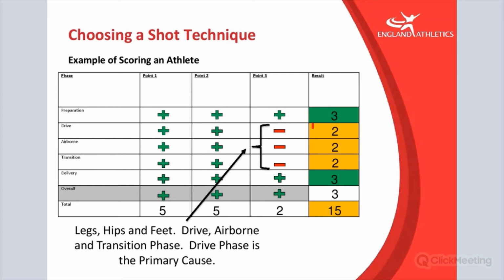So you can see here that all of the negatives have come in point 3, which is the legs, hips and feet, and they've come in the drive, airborne and transition phase. So this has clearly showed me that the drive, airborne and transition phase are the areas that I need to work on her technically in order to have the best impact on her shot put technique and overall outcomes.